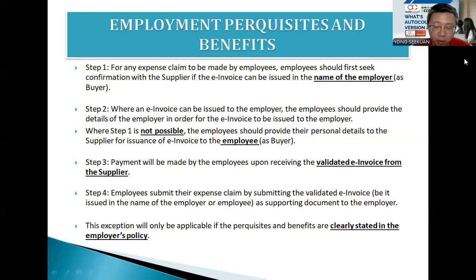For example, your staff goes to see the doctor and the invoice is issued under your staff, not your company name. Third step, you must get the validated invoice from your supplier. Number four, you should state this claim under your employer policy.